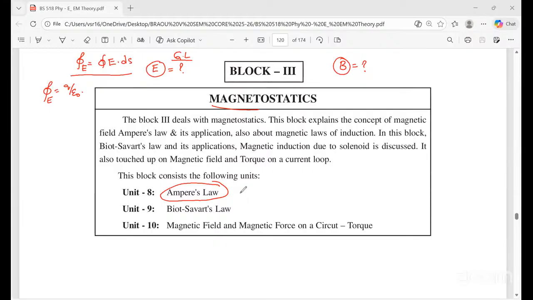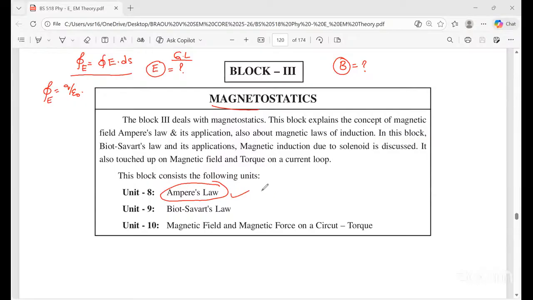In some cases, if the field is uniform, whatever the conducting material, if it is in a particular length, there we are going to be using Ampere's law.